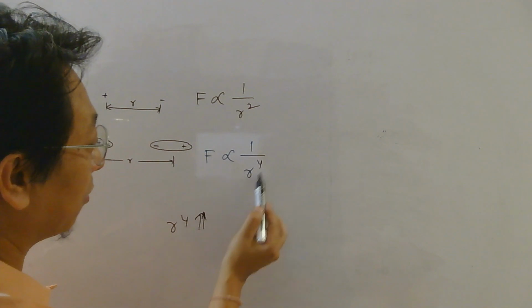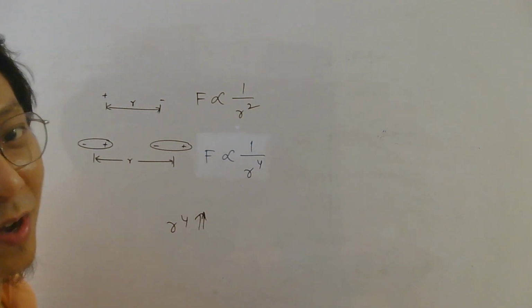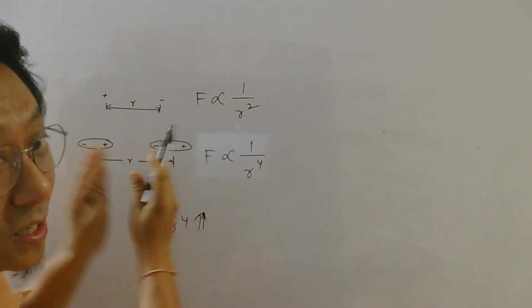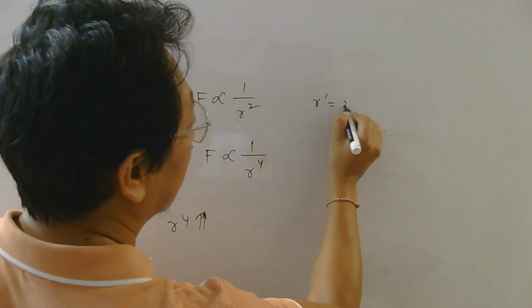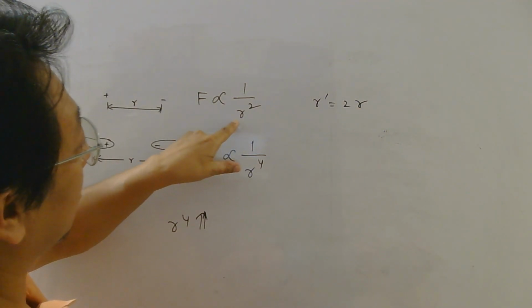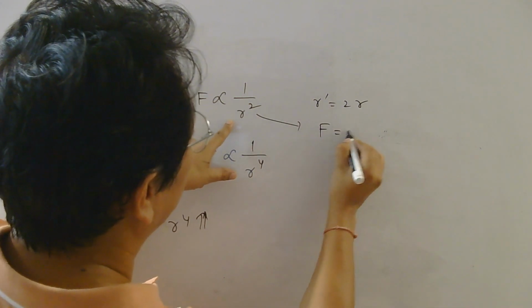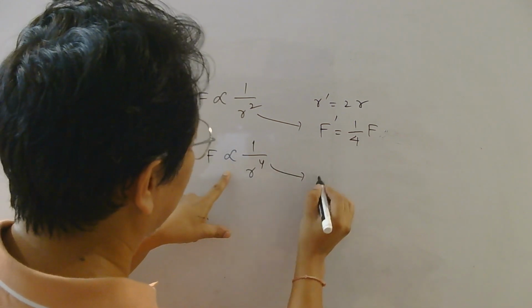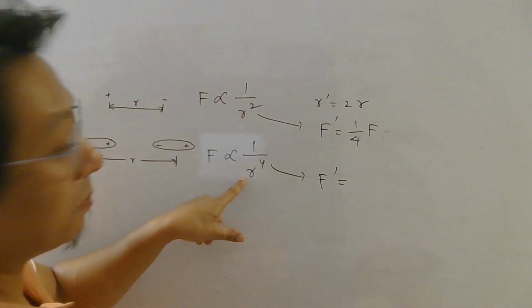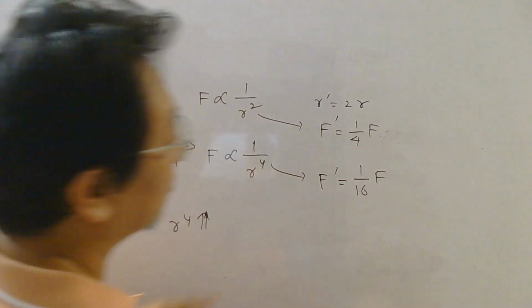So since r power 4 increases faster, 1 by r power 4 decreases faster. So this force decreases faster with distance. If the distance is doubled, then double square will be what? 4 in the denominator. So this force will become 1/4, whereas this force will become double power 4, 1 by 16th of the original force.